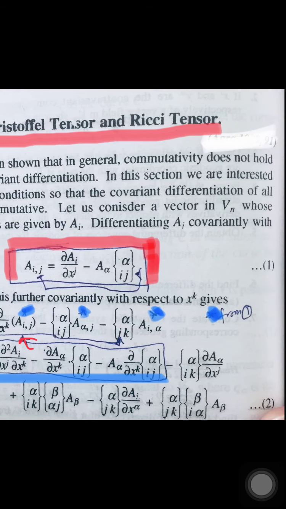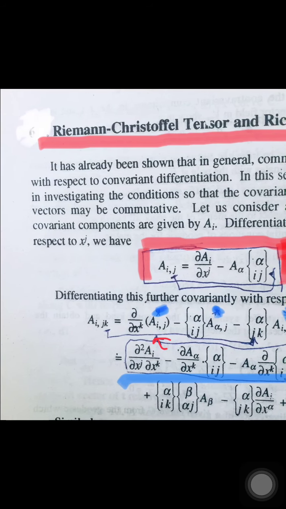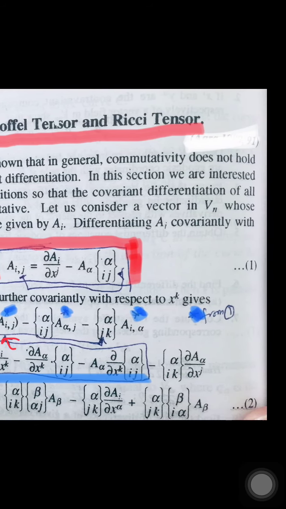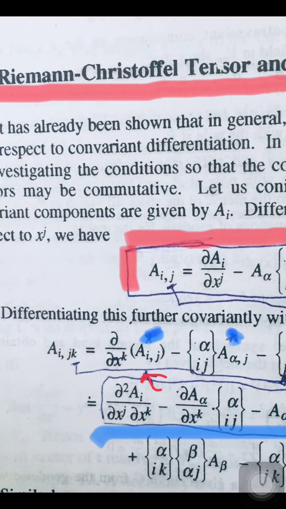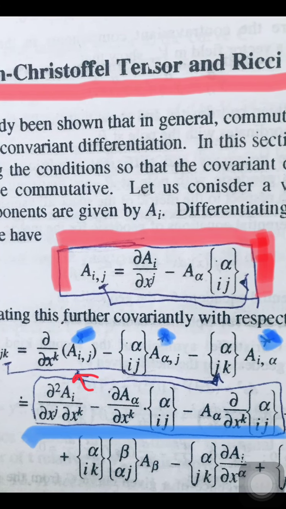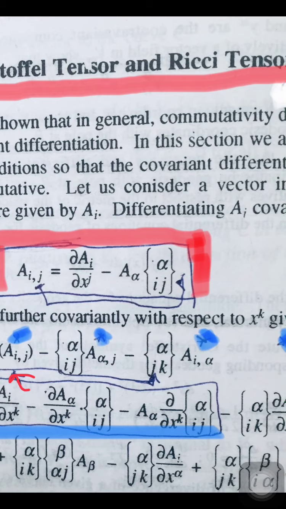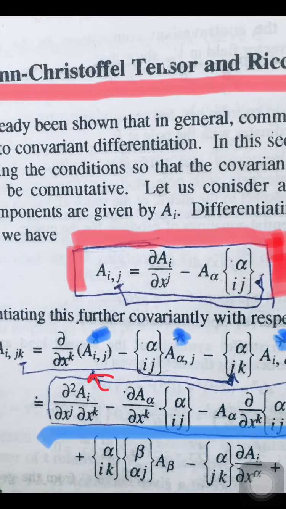In this section, we are interested in investigating the condition so that the covariant differentiation of a vector may be commutative. We are taking a vector quantity and taking its covariant differentiation, which is not a tensor, either vector or tensor. Then how do we make it a tensor or commutative?